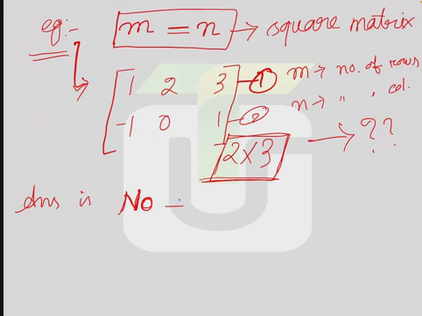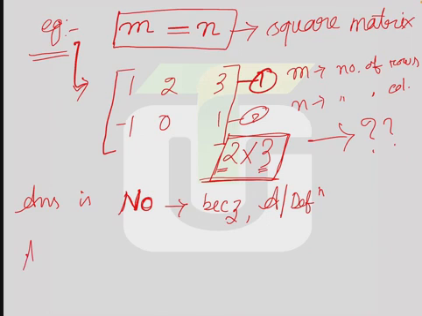No, because according to the definition, a square matrix is when m is equal to n. That means if the number of rows is 2, the number of columns also has to be equal to 2, correct?